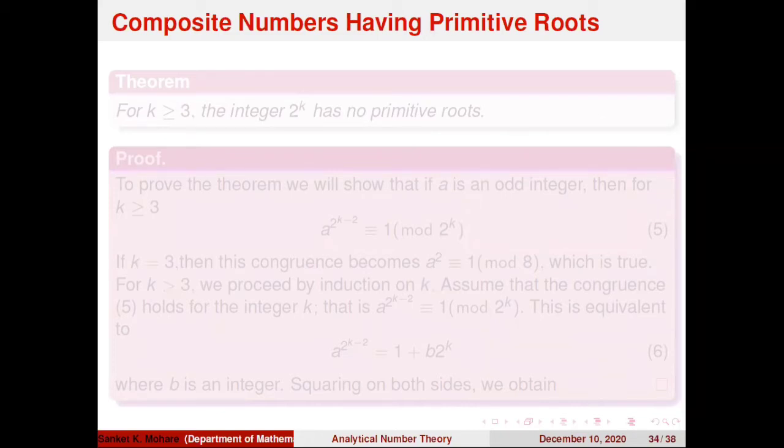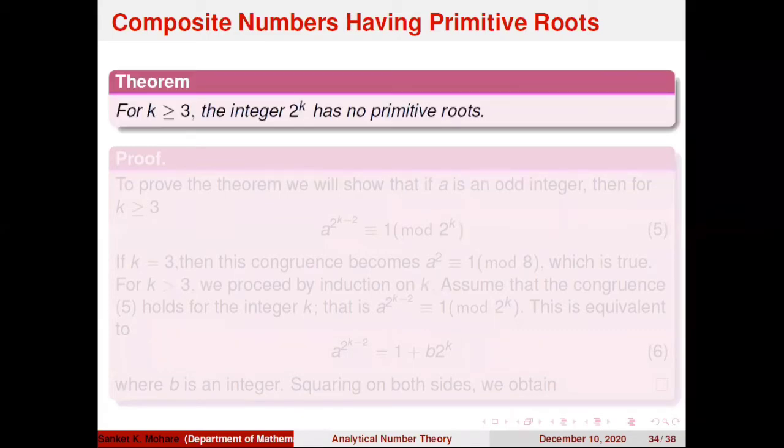Up till now we have discussed that prime numbers have primitive roots. From here onwards we will discuss whether composite numbers also have primitive roots. So, first theorem: for k greater than or equal to 3, the integer 2 to the power k has no primitive roots.